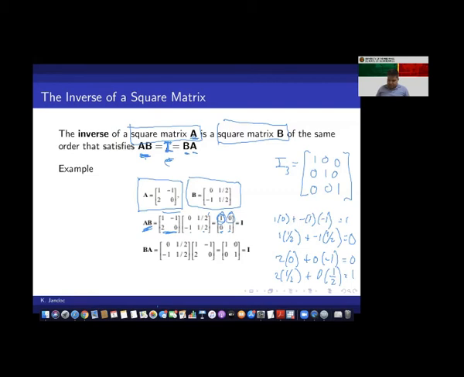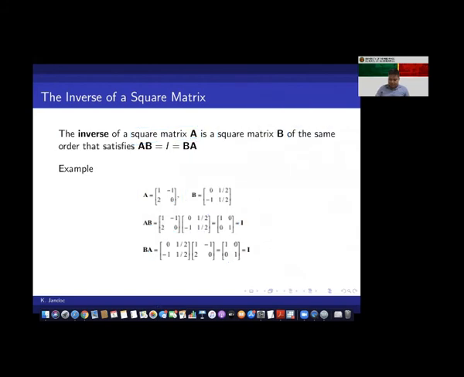In the end, what you get is this matrix with ones in the diagonal and 0 elsewhere. So this is the identity matrix. In the same manner, if you do this multiplication of B and A, you'll also wind up with the identity matrix. So A and B are inverses of each other.